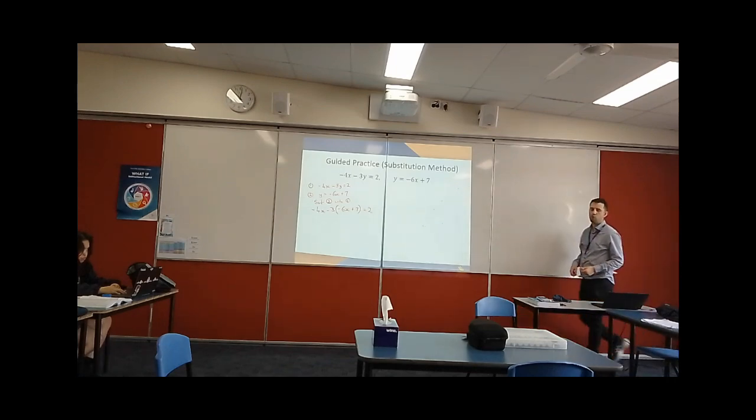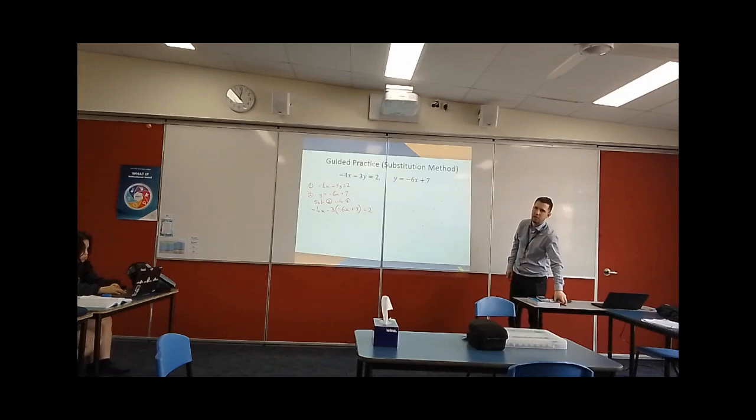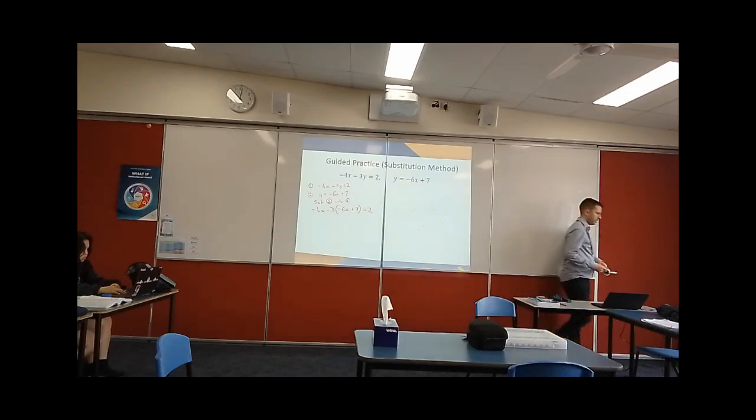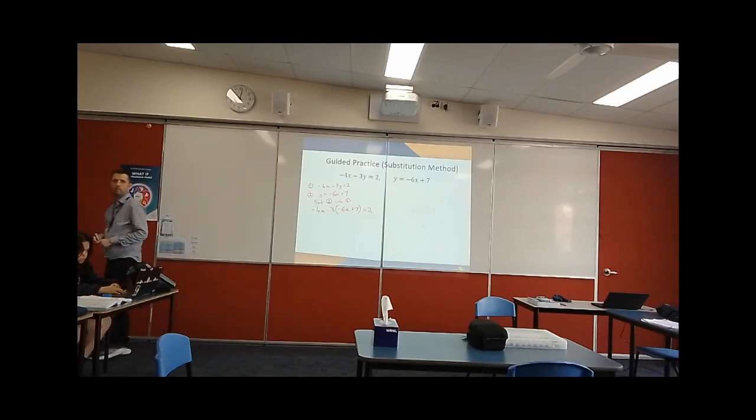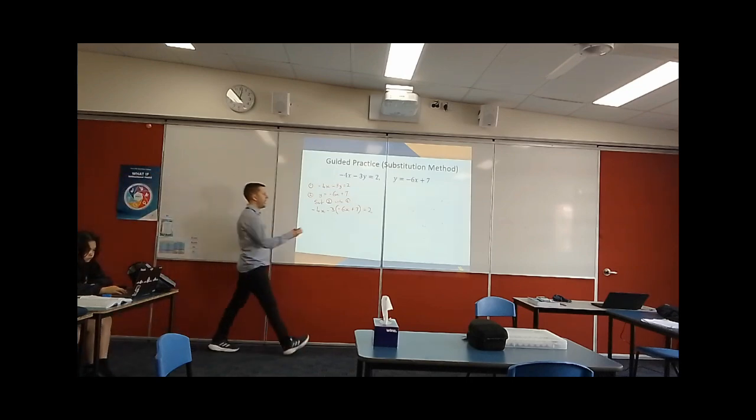Like yesterday, you need to get rid of the brackets, so that means we are going to expand. So if you haven't already, you should be expanding. I'm going to slowly start going over that.